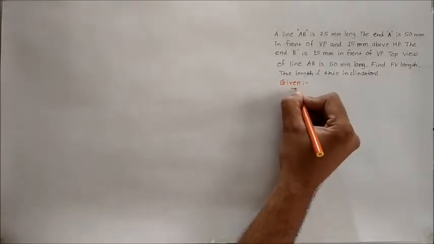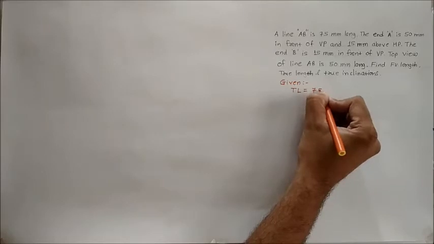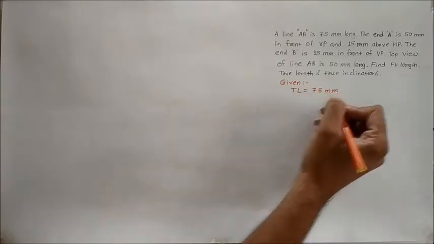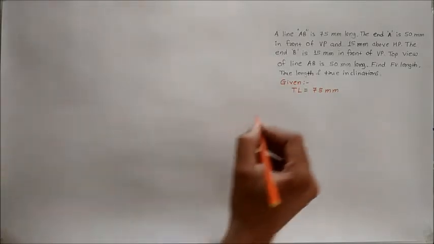A line AB is 75 mm long. It means the true length of the line is given. So TL is equal to 75 mm. The end A is 50 mm in front of VP and 15 mm above HP.